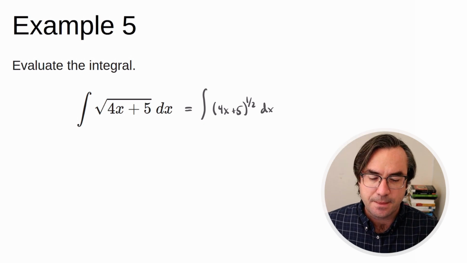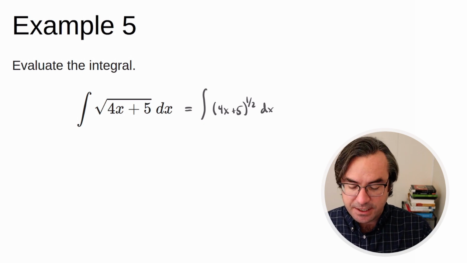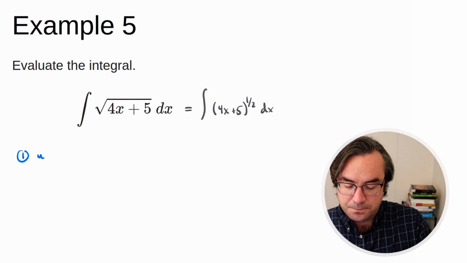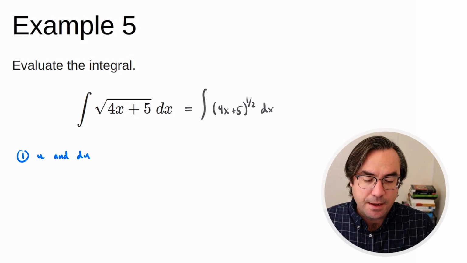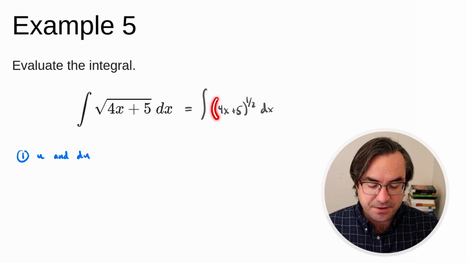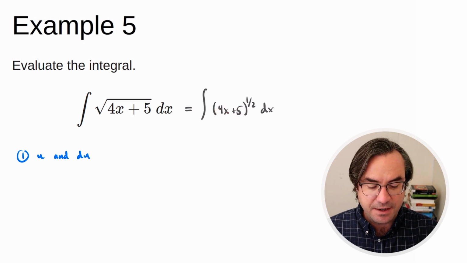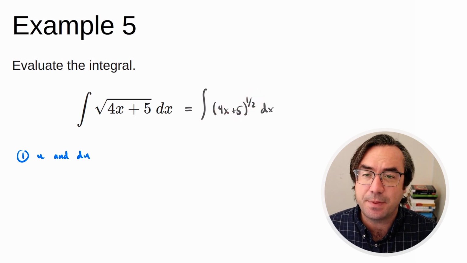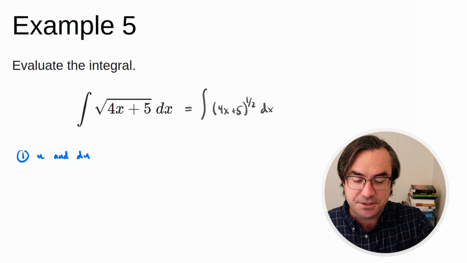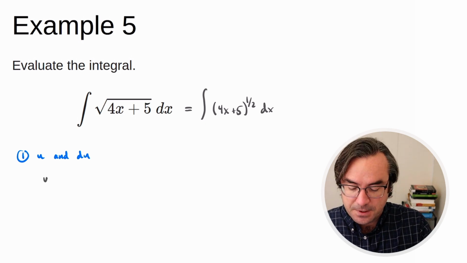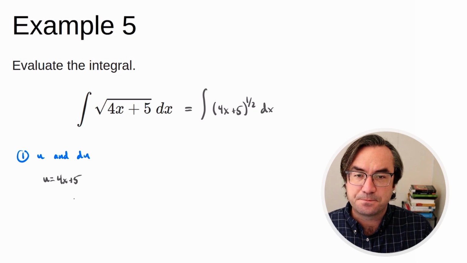Again, the first step is to figure out what our u and du are. We see this nice set of parentheses here with a bunch of stuff inside of it, and it's being raised to a power. So we're going to let u equal the stuff inside those parentheses. So u is equal to 4x plus 5.